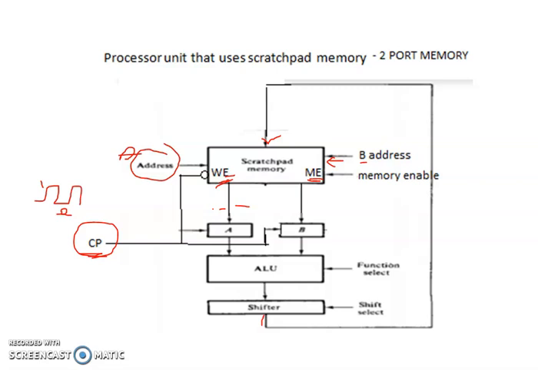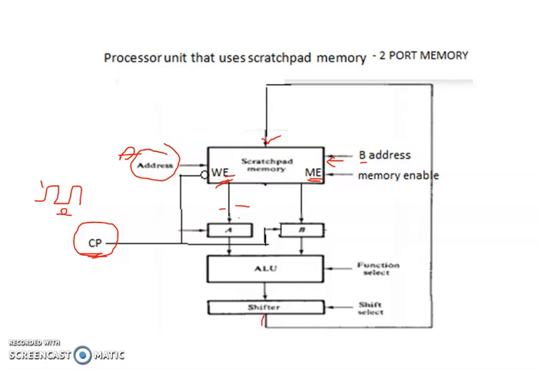So that is the two-port memory. Two addresses will be specified so that the execution time can be reduced. Our timing signals will be reduced. So this is the difference between a normal scratchpad memory and a two-port memory.